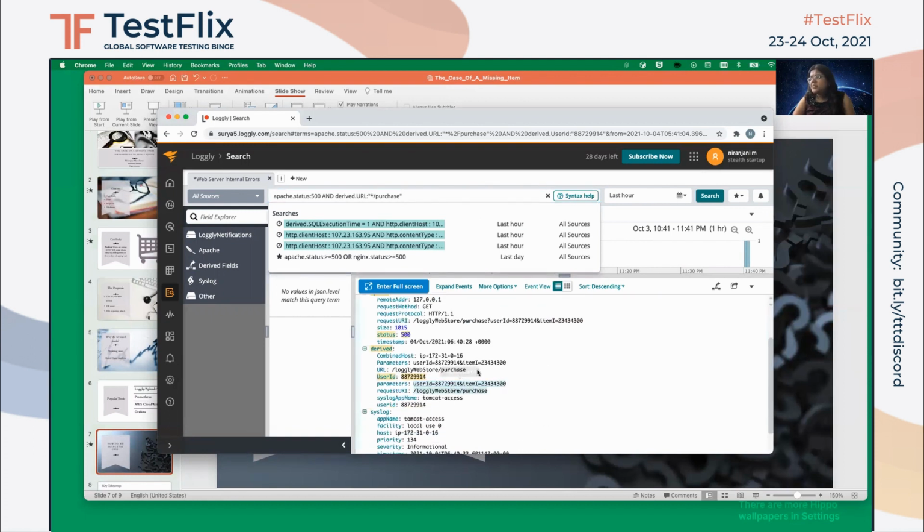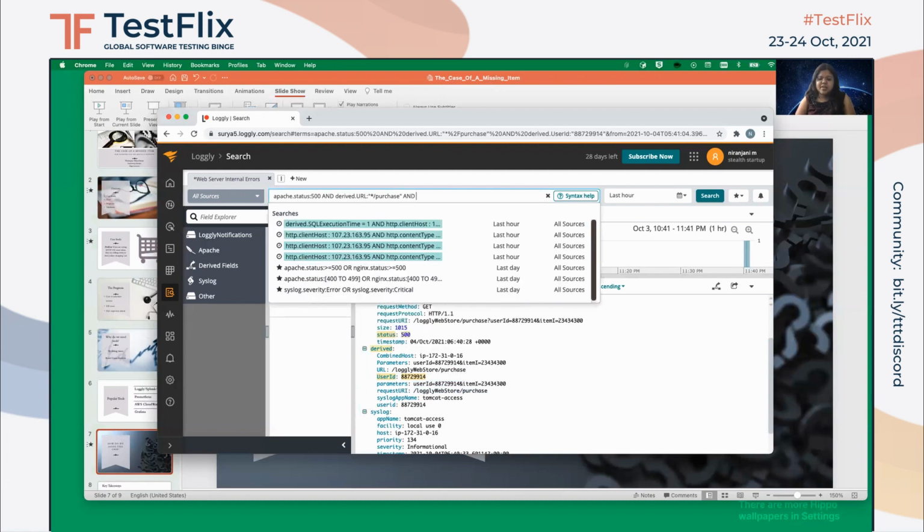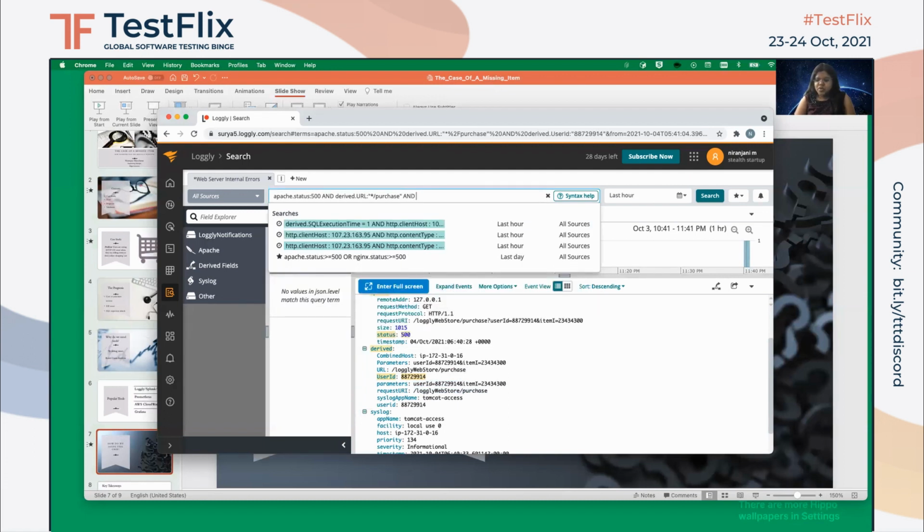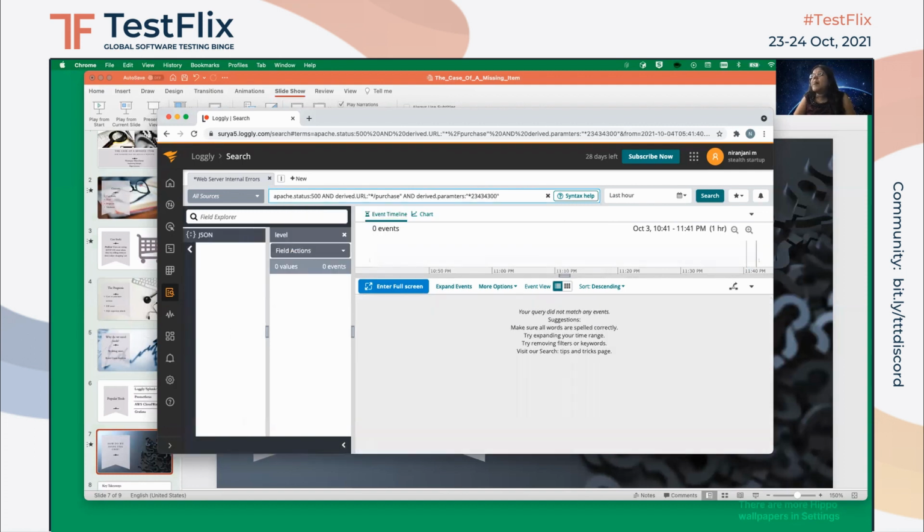There is an item ID. So I'm going to try and add the item ID. So this is derive dot item ID. This is basically parameters, and that contains 434343.